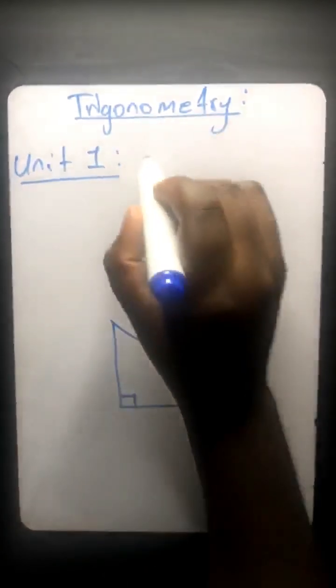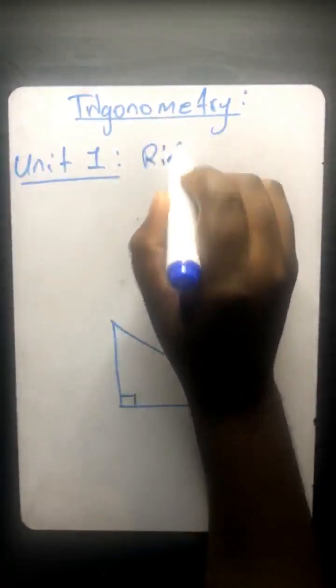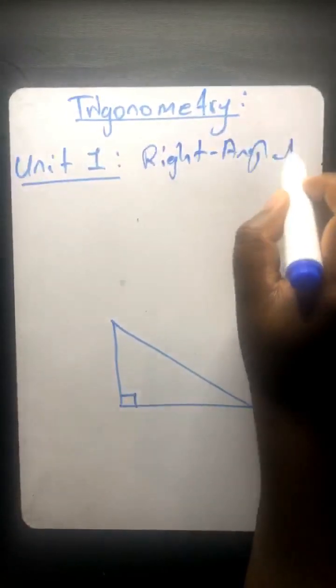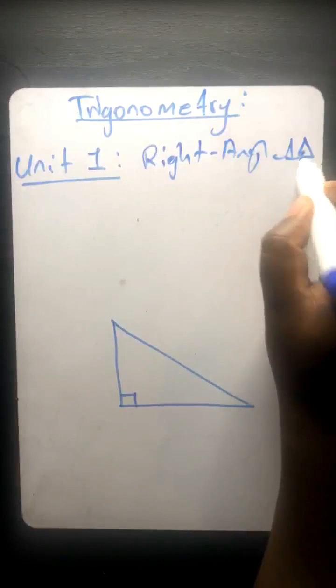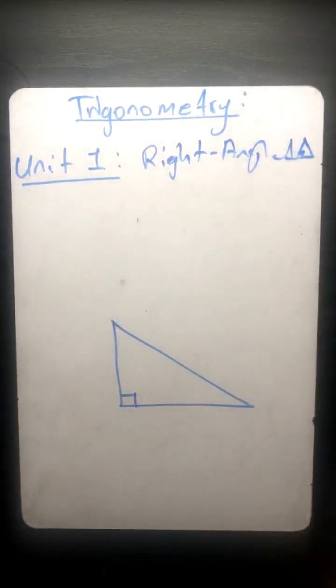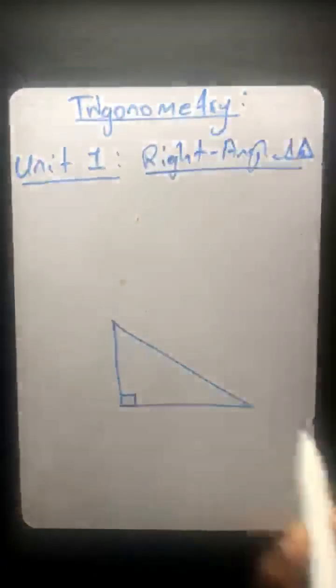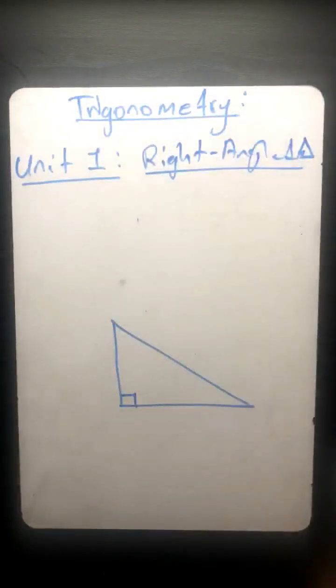So under trigonometry, we study what we call a right-angled triangle, which is a triangle with a 90-degree angle inside. Most importantly, under a right-angled triangle, each side has a specific name, and those names were three.